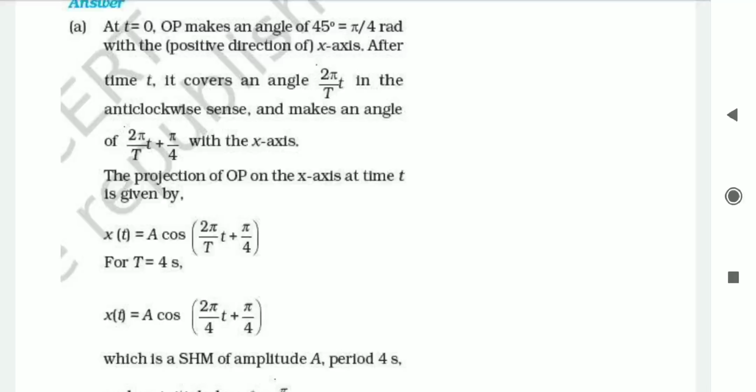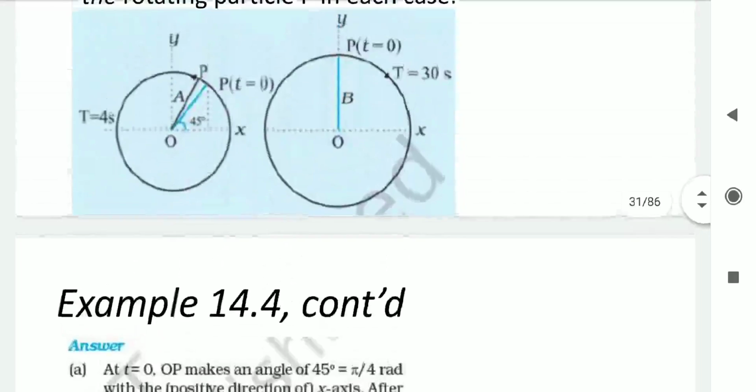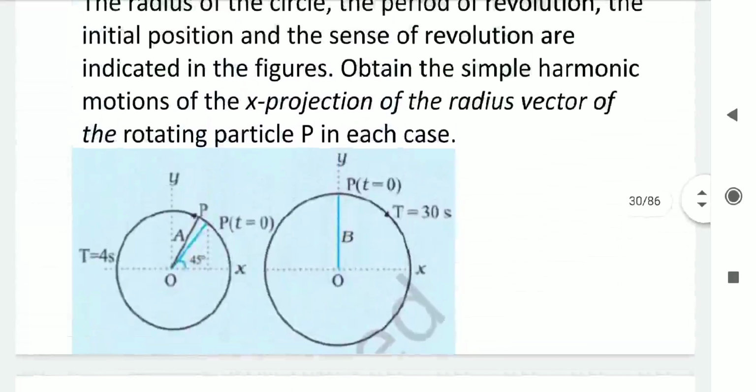Now let us calculate for the second circle. Here at time t equals 0, the OP vector is on the y-axis. So with respect to the positive x-axis, it makes an initial angle pi by 2. Now after time t, the particle moves in the clockwise direction, so the direction is reversed, and our angle is phi minus omega t.